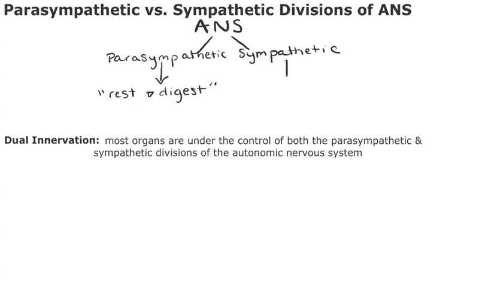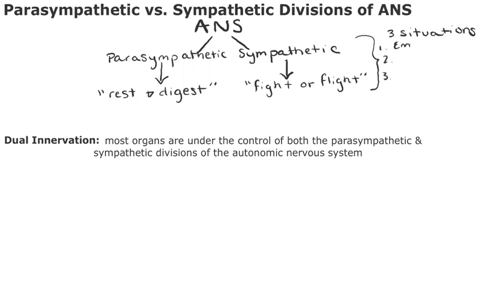Now, your sympathetic nervous system is your fight or flight system. This is how you react in stressful situations. So there are really 3 situations in which we'll see our sympathetic nervous system come out. The first of the 3 is emergencies.